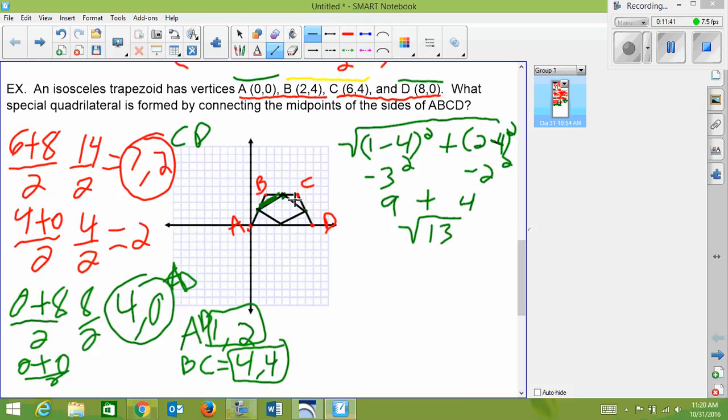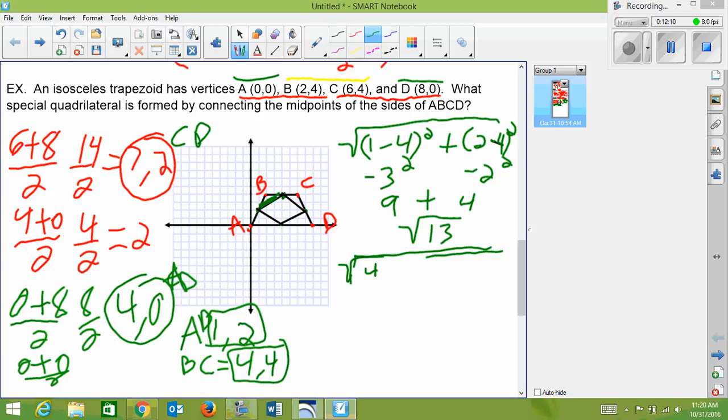Then I'll just go around, we'll go C to D. So I'm going to use these 2 points, the 4, 4, which is this one, and the 7, 2, which is this one, these two. So 4, 4, and 7, 2. I better do the x's first, since that's how I did my other one.